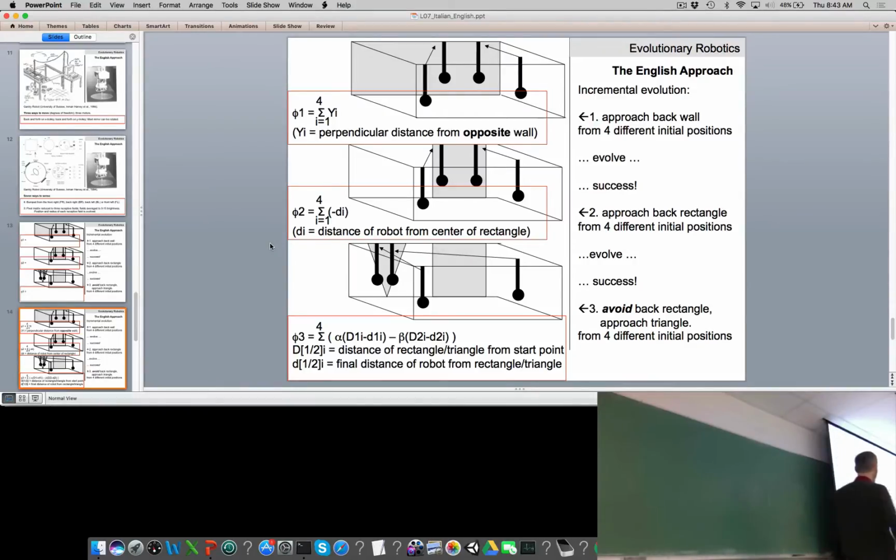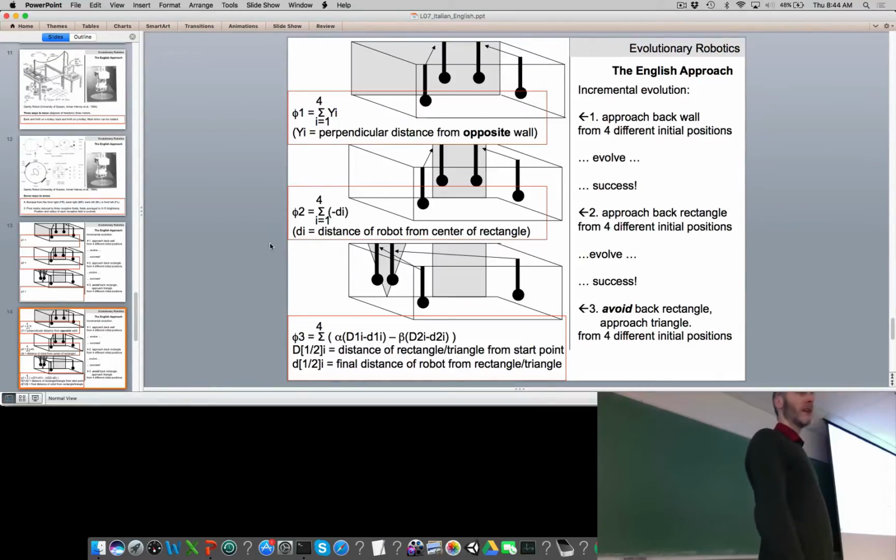And as you pointed out before, in the third case here, again, we're summing up over all 4 environments. So we're going to take the distance, so the uppercase D is the distance of the rectangle or the triangle from the starting point, minus the final distance of the robot from the rectangle. So that we're taking the difference between uppercase D and lowercase d.